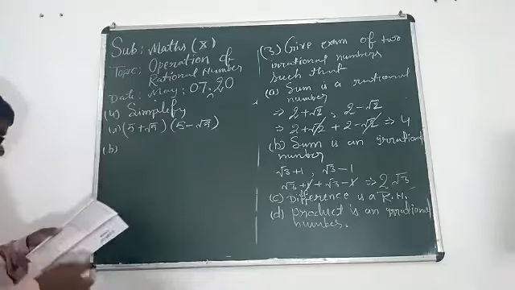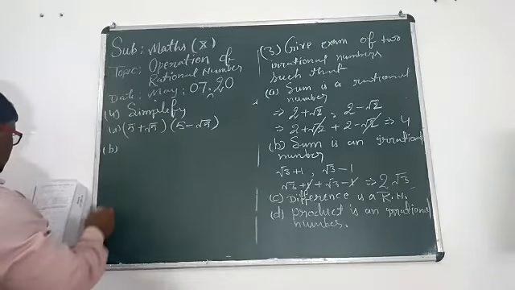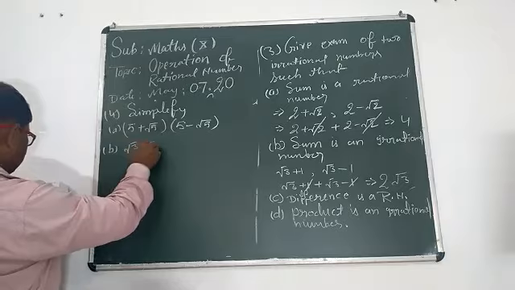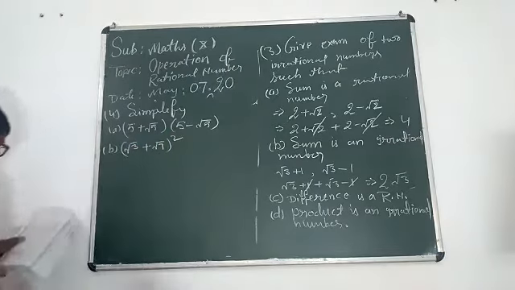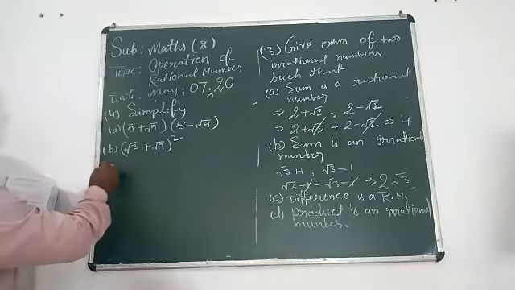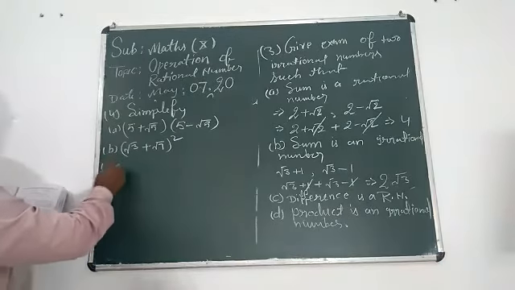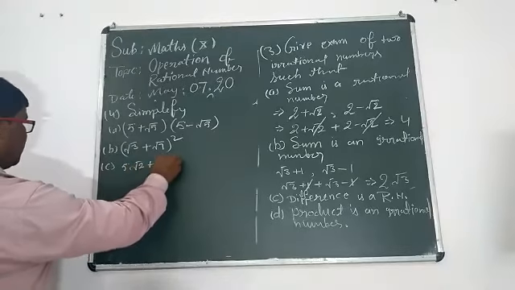Question B, 3 plus under root 2, under root 3 plus under root 7, whole square of these two. Now, C, 5 under root 2 plus 4 under root 2.